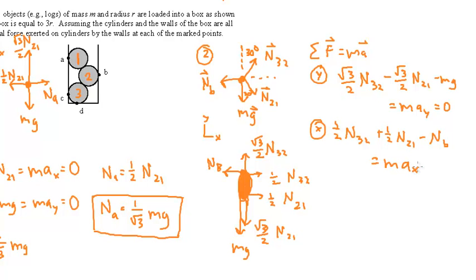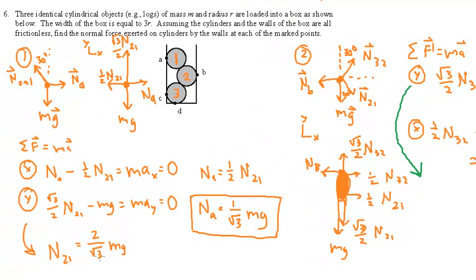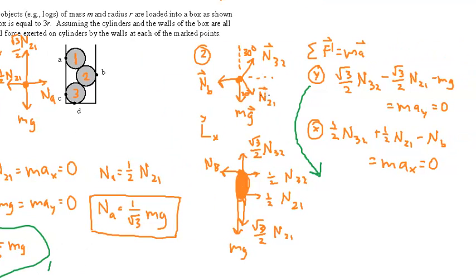Let's see. Actually, I'm going to exercise some discretion here and do the y direction first. Well, it doesn't matter because we've got to write them both out before we solve them, right? But root 3 over 2 N32 going up minus root 3 over 2 N21 minus mg equals mass times acceleration y, which equals 0.